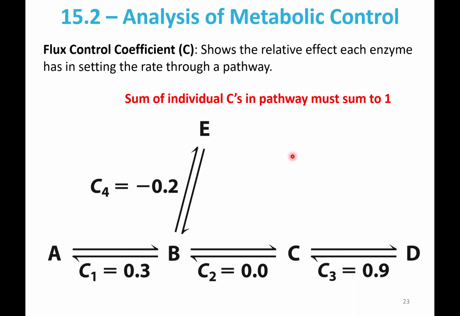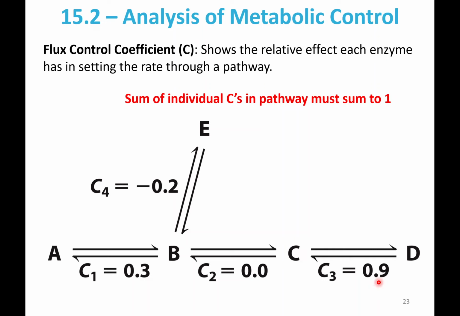Okay. So if you look at all of these, our pathway is going to be defined as A going to D here. Okay, so the flux control coefficients we see for the pathway are given here, right? So the step that has the most control over that flux is going to be this step, right?